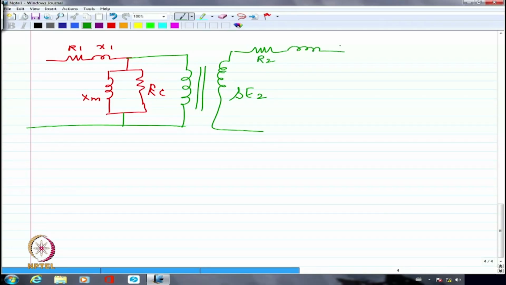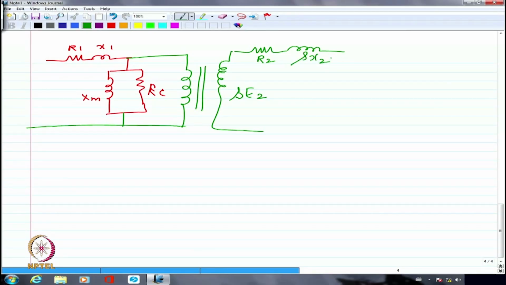What will happen to X2? X2 was originally 2 pi F1 L2. Now it is 2 pi F2 L2. Because the rotor current is flowing through this leakage. Right? The rotor current is at a lower frequency. So obviously the reactance offered by the leakage flux will also be declining. So I have to write this as S times X2.